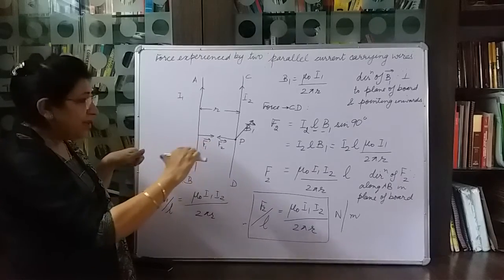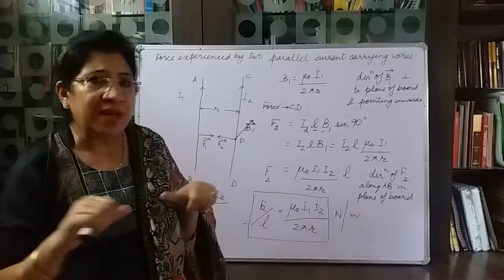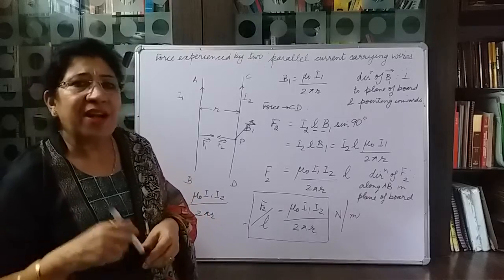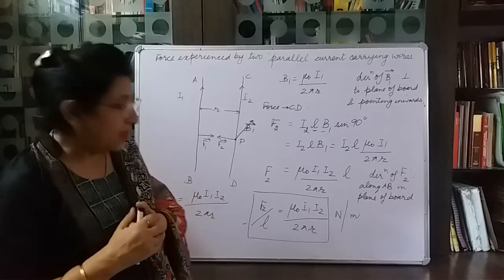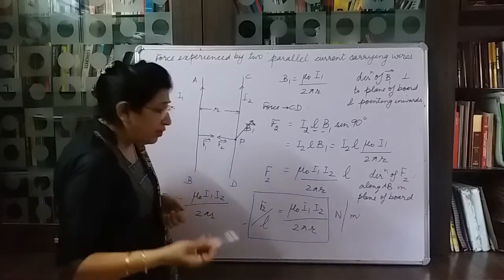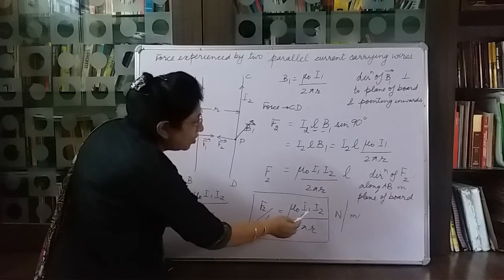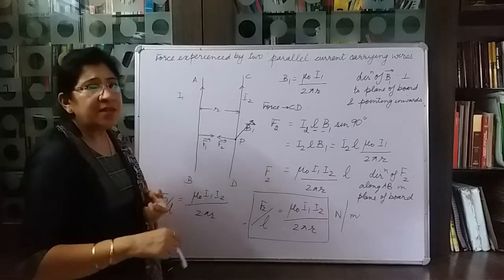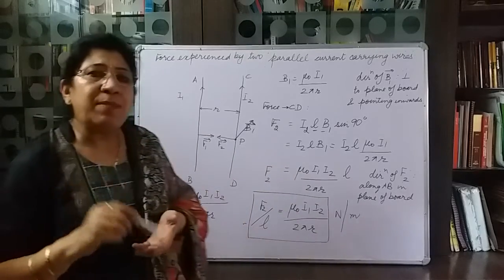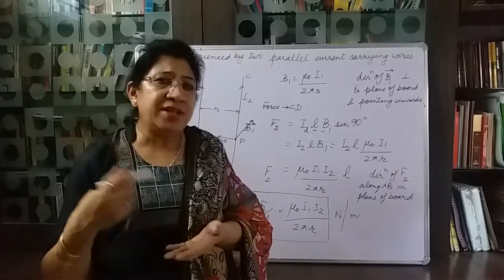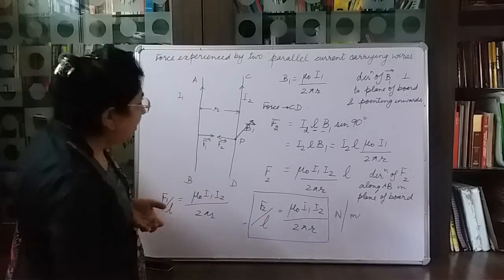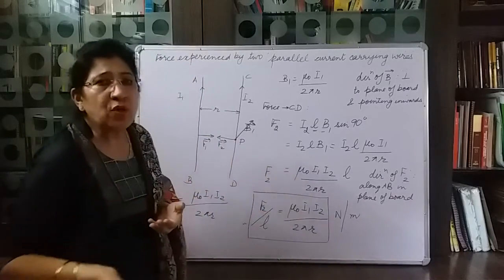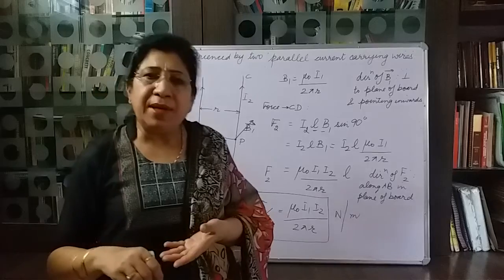They will experience equal and opposite force towards each other. They will experience an attractive force towards each other. And the magnitude of the force is mu naught I1 I2 upon 2 pi r. This is the force when the wires are placed in air. If we change the medium, then for that medium we can take the absolute permeability of that medium.